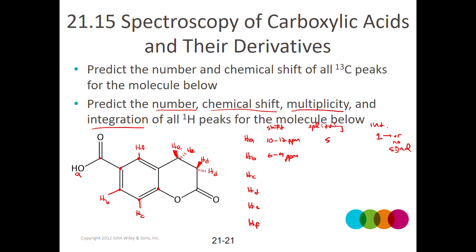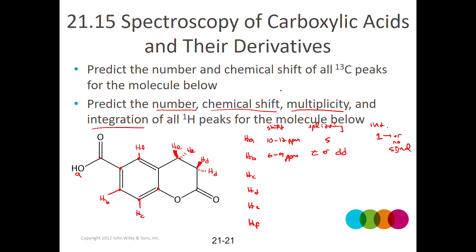So I would expect carbon B to be split by both C and F. If they're splitting B with the same coupling constant, I might see a triplet. If they're splitting with different coupling constants, one with a large coupling constant and the other with a much smaller one, then I'd see a doublet of doublets.